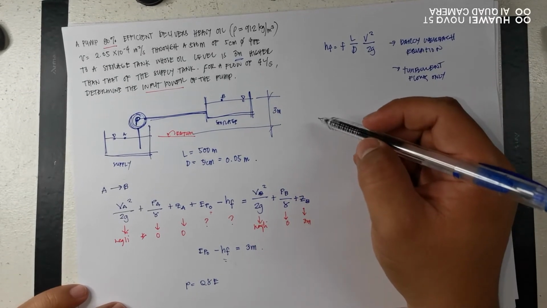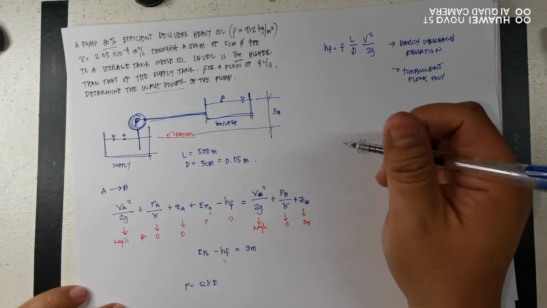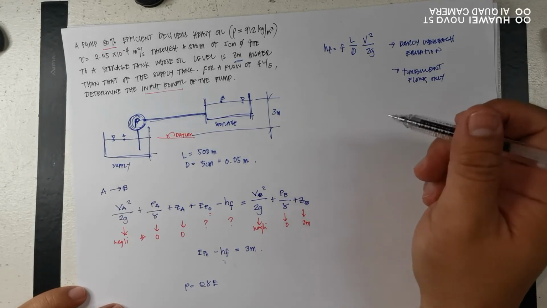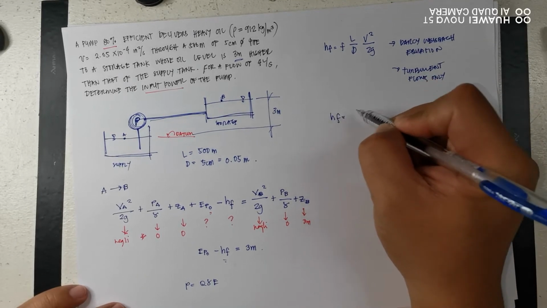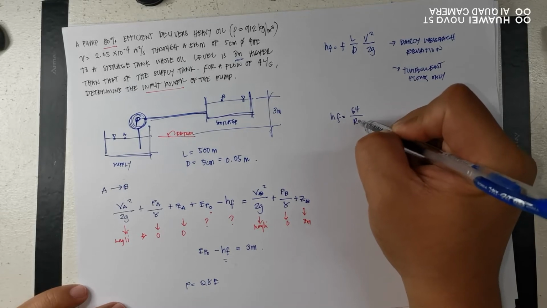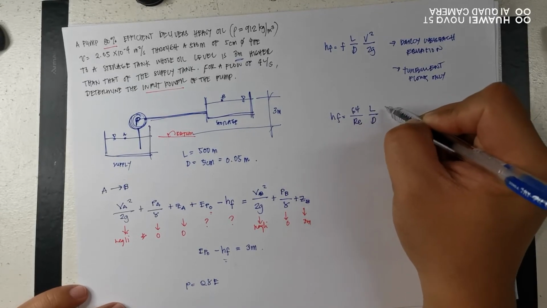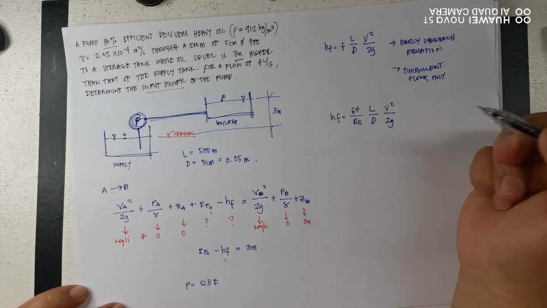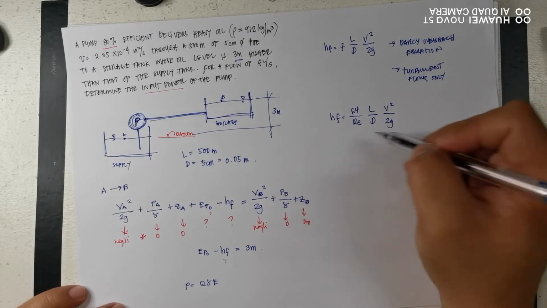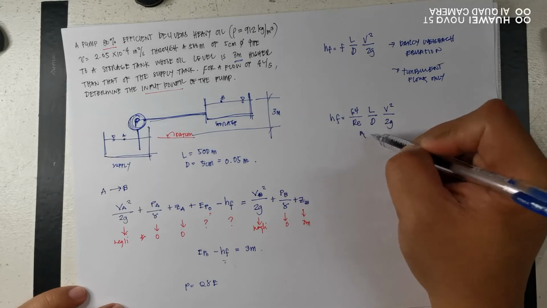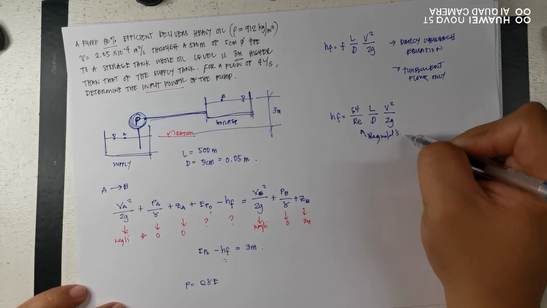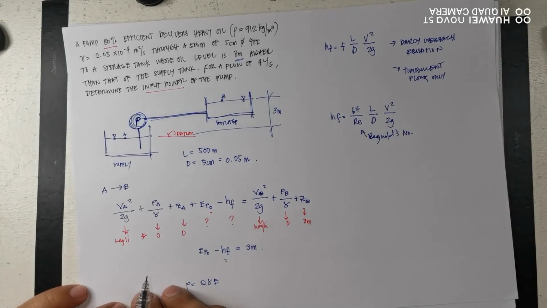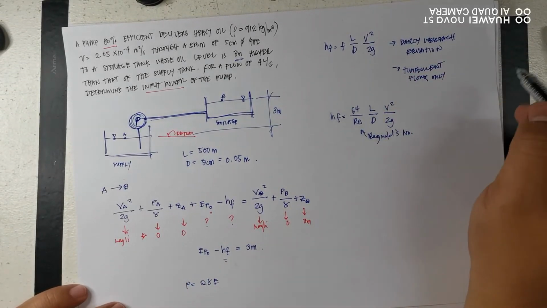Tapos meron tayong isa pang version, which is the Darcy-Weisbach equation na na-derive natin from Hagen-Poiseuille equation, which is HF is equal to 64 over RE L over D V squared over 2G, no? Where RE is Reynolds number, and the rest is identified naman na natin.